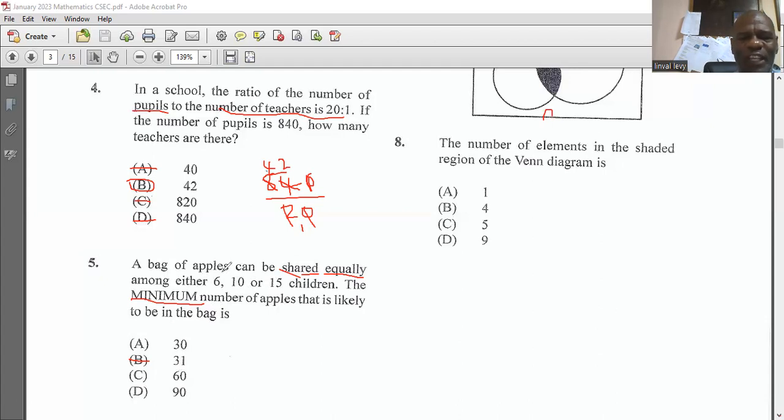So if you're going to share this among 6 persons, it means that each of them would get 5. If you're going to share the 30 among 10 people, it means each of them would get 3. And if you're going to share the 30 apples among 15 persons, it means that each of them would get 2, right?